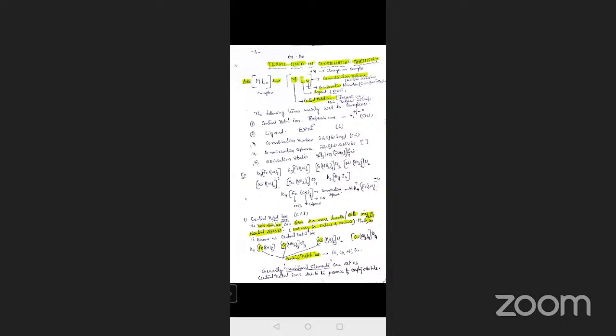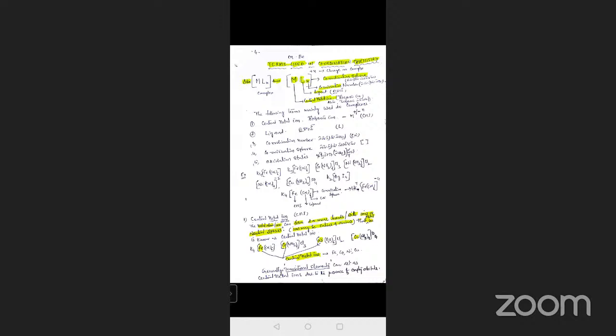Generally, in the periodic table, the d block elements, especially the transition elements, act as central metal ions.